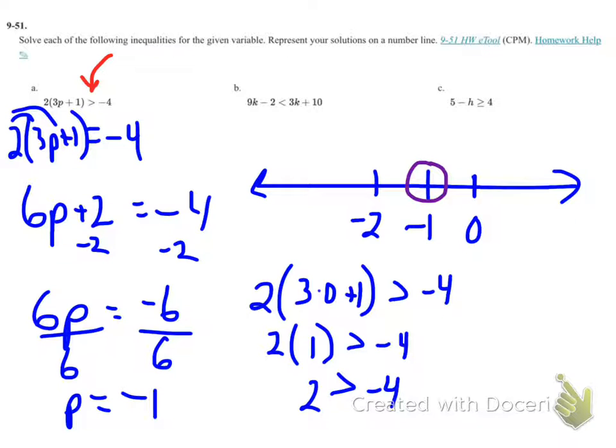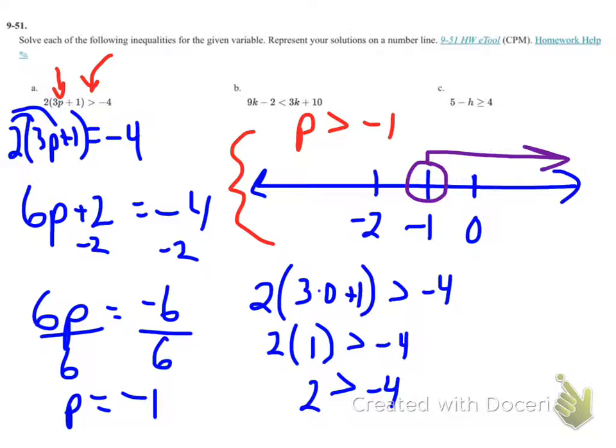And that is true. So that means I am now shading to the right. My solution on a number line is right here. My solution written out algebraically, since we're dealing with the variable p, is p is greater than negative 1.